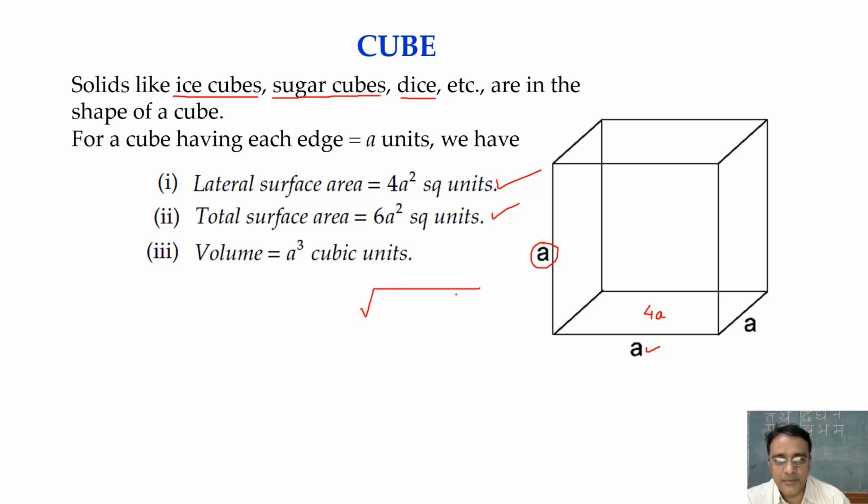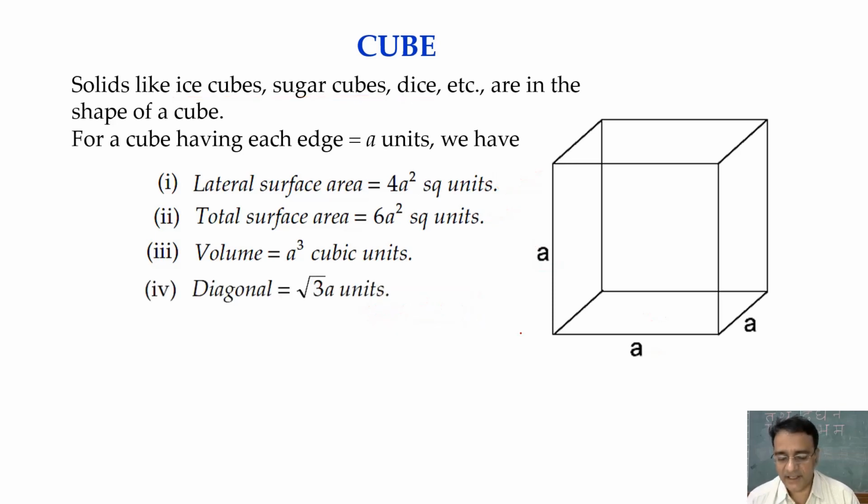I repeat once again, a square plus a square plus a square, same formula I am using which was for cuboid. So this will become 3 times a square, and if you take the square root you will get root 3 a. Any doubt in this formula? No, sir. Okay, now I will ask one question. What is the area of 4 walls in case of cuboid?